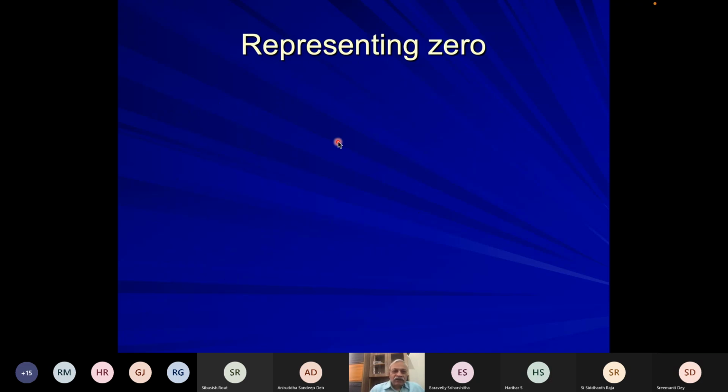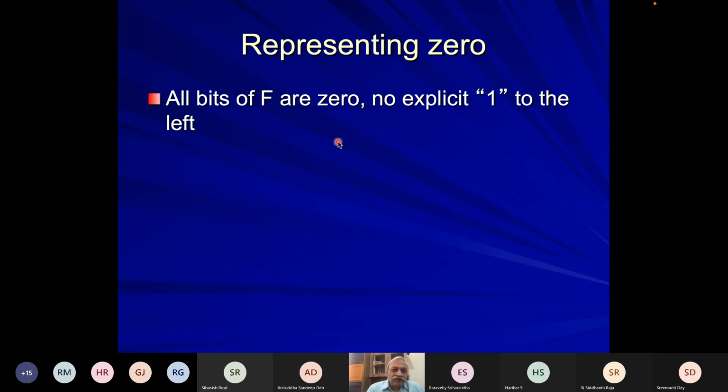So we talked of these three part signed numbers. How about 0? When you make all bits of F 0, and you don't assume any explicit 1 to the left, that represents a 0 value. So it's not a normalized value, because for normalized values, the F part has to be between 1 and 2.